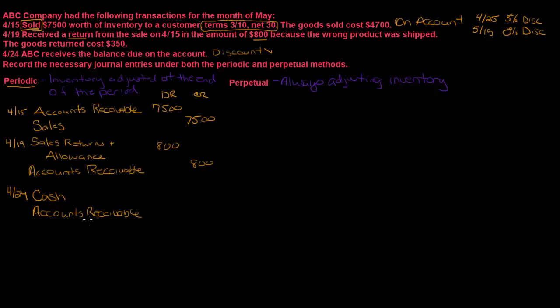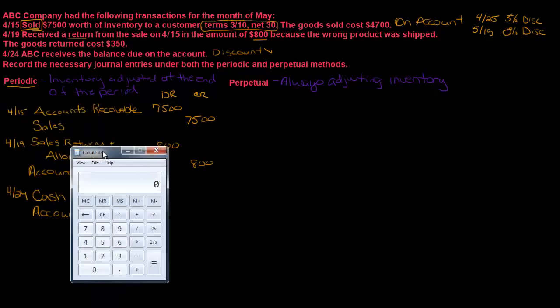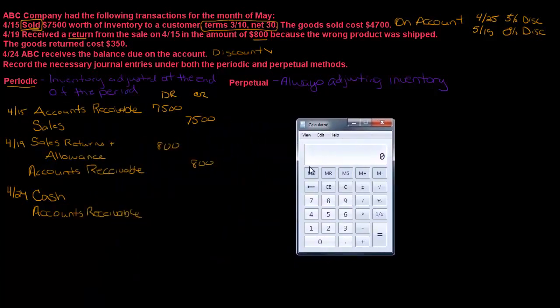Okay, so now let's figure out these two. How much is my accounts receivable? Let me pop down here and get my calculator. Okay, the customer bought $7,500 worth of inventory.